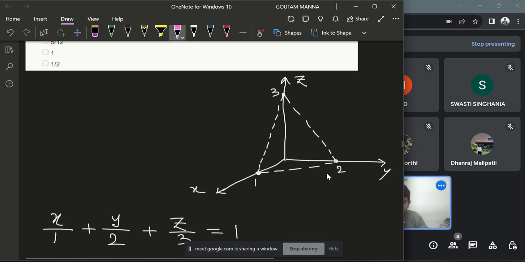For that we will choose a small area element here. This is dA equals dx dy, and corresponding to that, I multiply it with z. z is the height at this point. This is the plane.